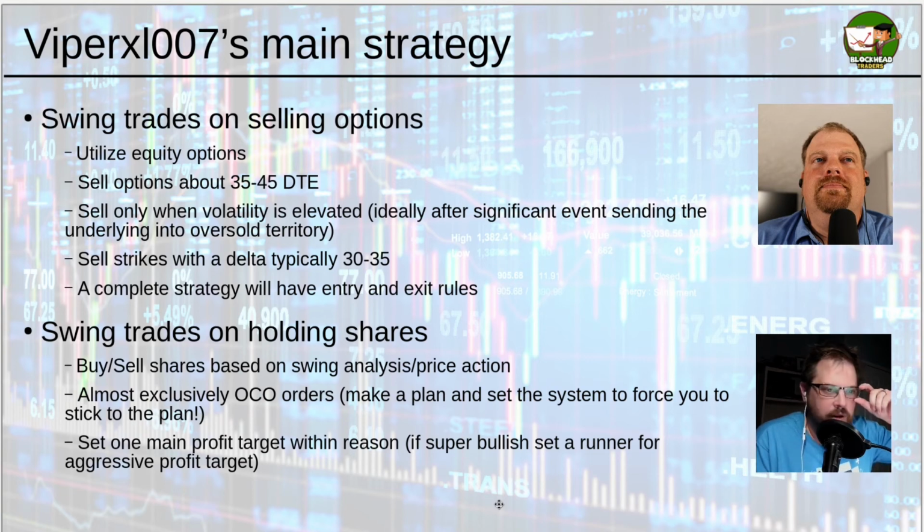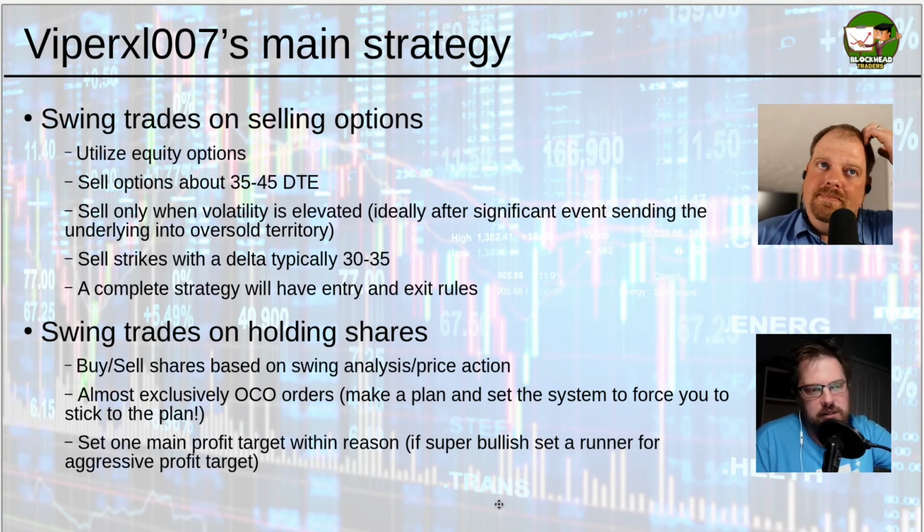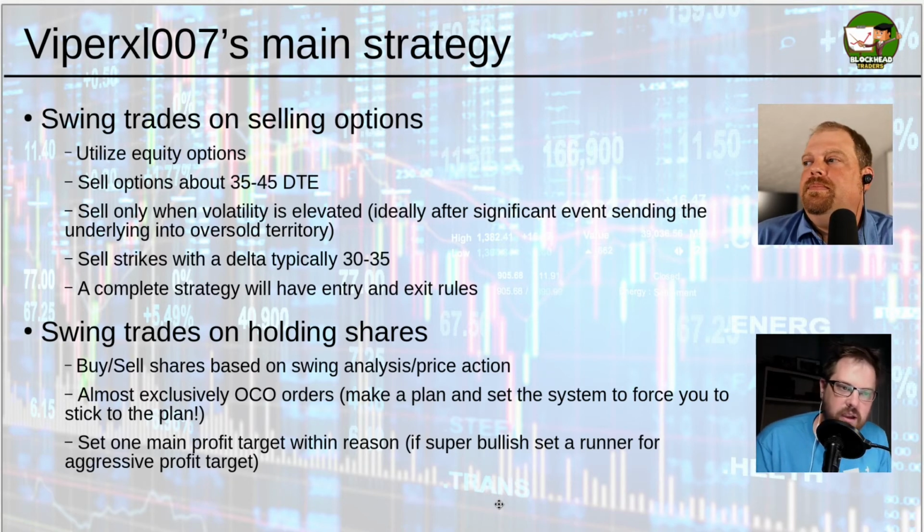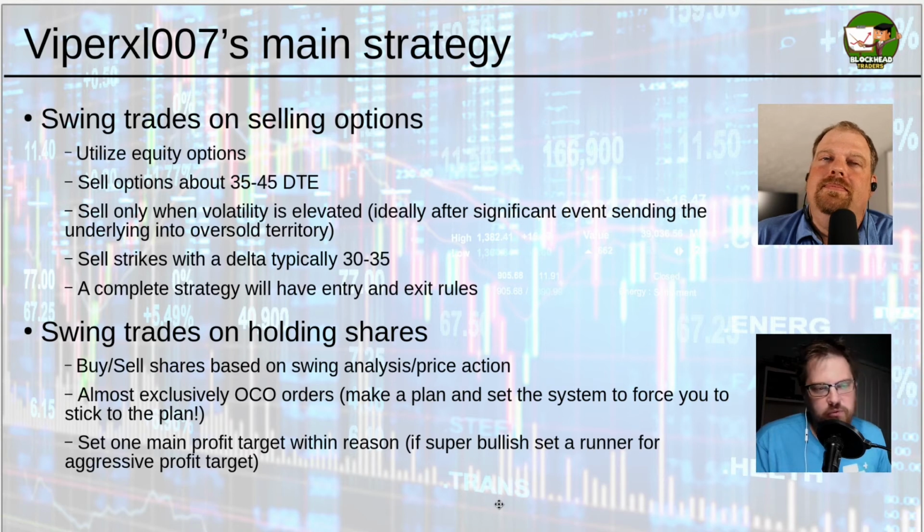I'm a little more specific on when I want to get in because I also have these holding shares on swing trades going on. So what I mean by that is, especially for the naked puts, I'm looking for a significant event, and I'm most comfortable with selling naked puts. So I'm looking for, like we've talked about previously, a big dip on an underlying, particularly after earnings.